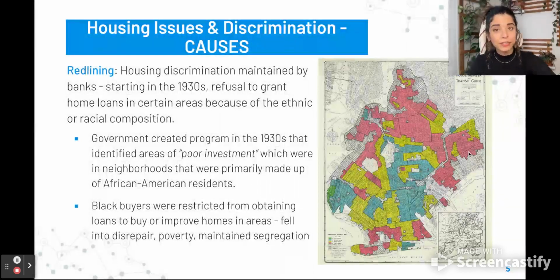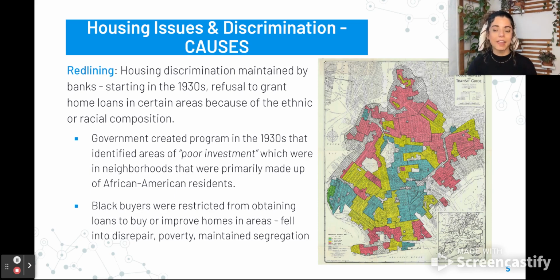So moving forward for housing issues and discrimination, we're going to look at some causes. So first, there's a phenomenon called redlining. Okay, so redlining, that is housing discrimination that is maintained by banks. So the origin was in about the 1930s, more or less, and essentially banks would refuse to grant home loans in certain areas because of that area's ethnic or racial composition.